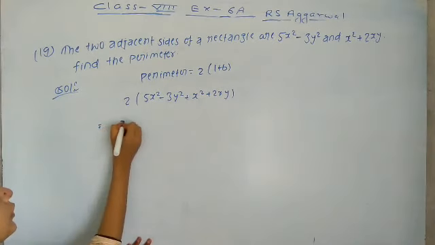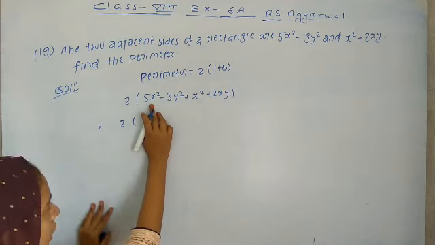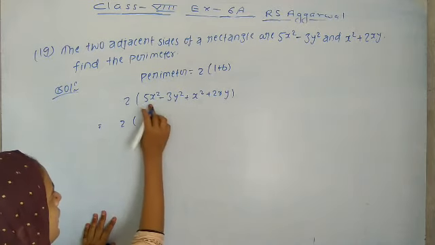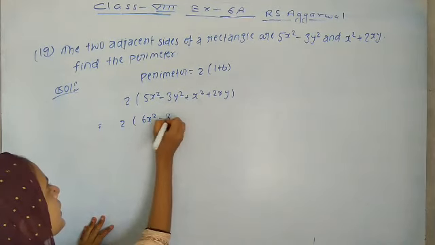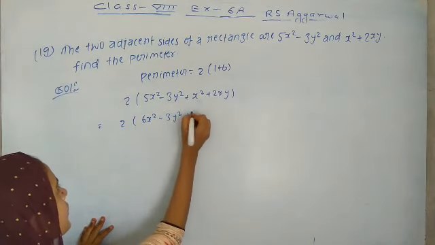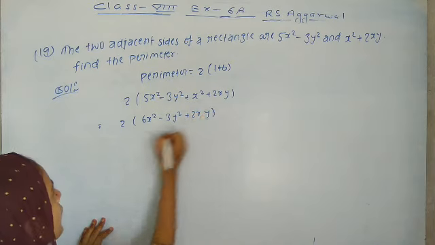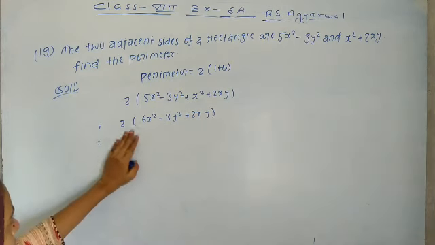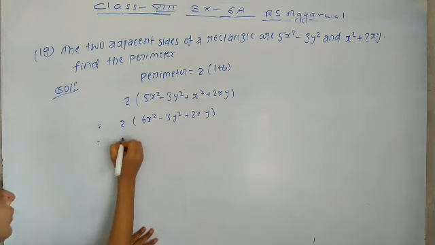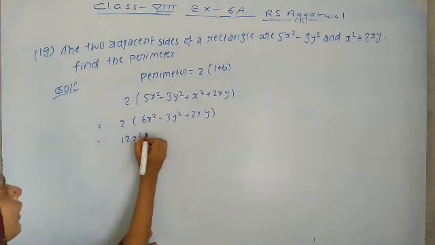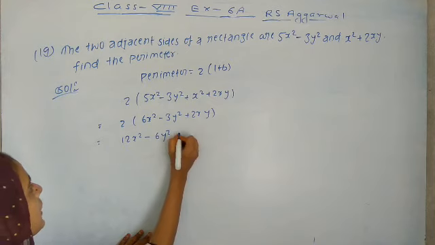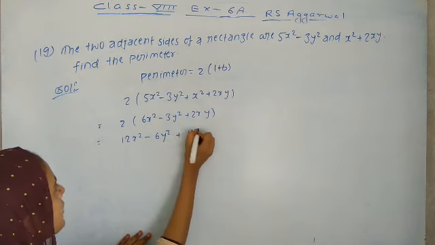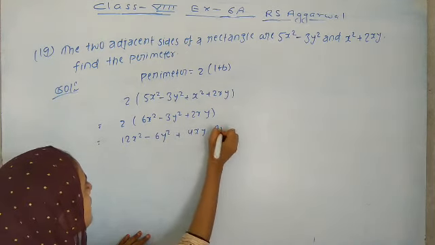We write like terms: 5x square and x square means 6x square, minus 3y square and plus 2xy, and we will multiply them by the bracket. So 2 into 6 is 12x square, minus 2 into 3 is 6y square, plus 2 into 2 is 4xy. That is our answer.